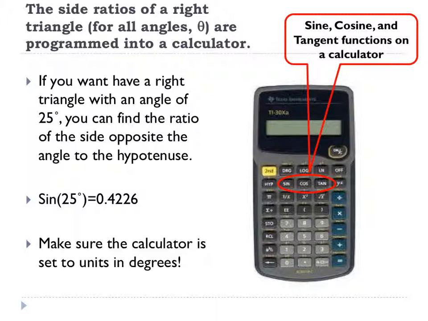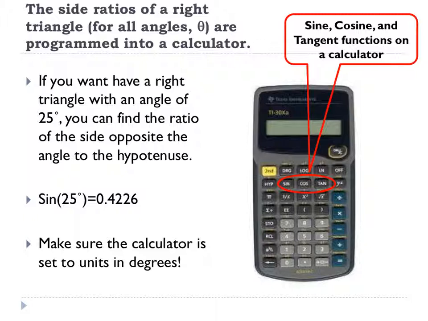I'm sure you've never known what they are, but all they're really doing is just accessing that lookup table on the previous page, the trig tables, and retrieving that number for you, because that table is stored on the microprocessor in the calculator.